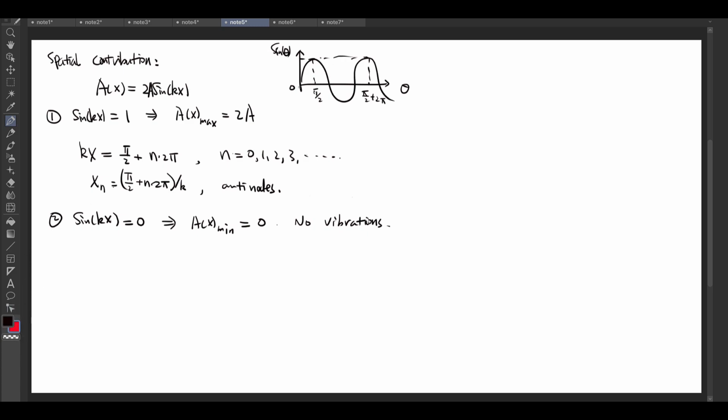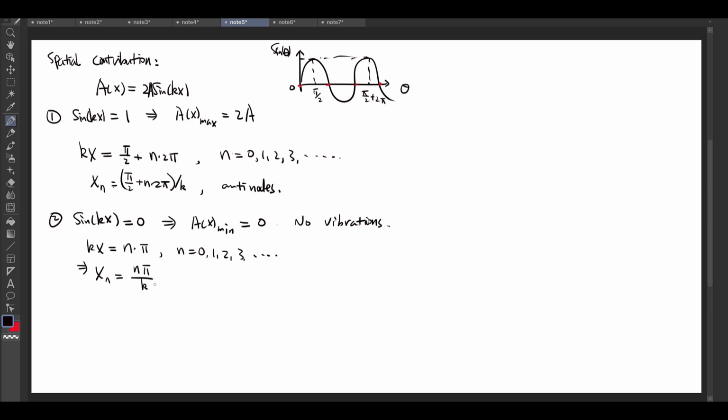We need to have kx equals this, that, or this, or that. Okay, all these values. And all these values are given by n times pi, where n equals 0, 1, 2, 3, etc. Again, we're considering just the positive x. So xn equals n pi over k.